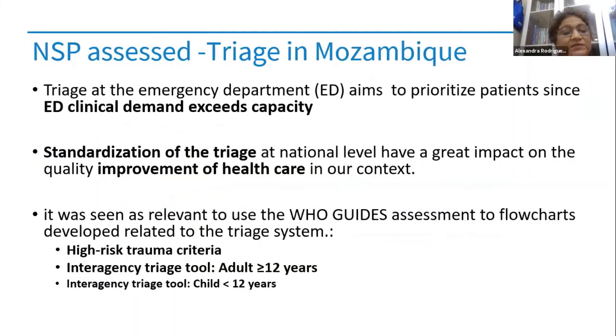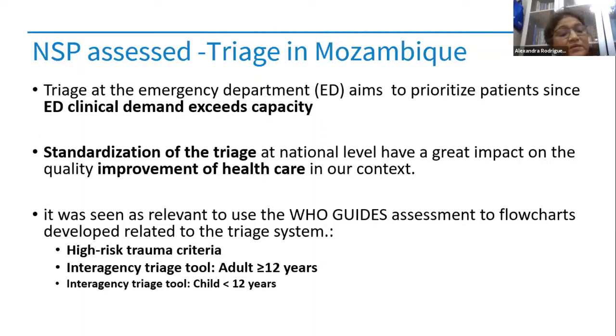And because of that, we decided to assess the high-risk trauma criteria, the Interagency Triage 2 for adults 12 years or over, and the Interagency Triage 2 for children less than 12 years.